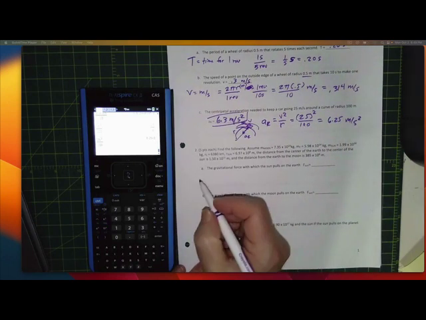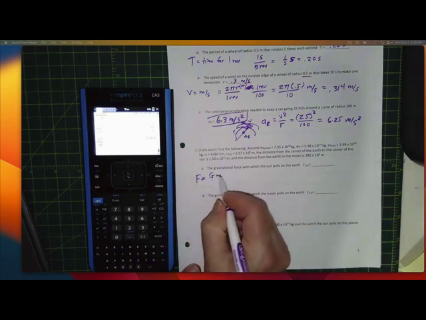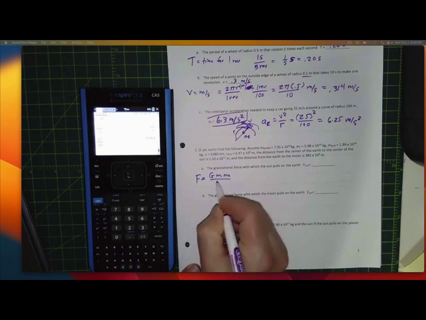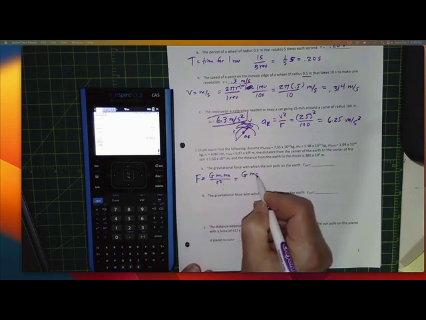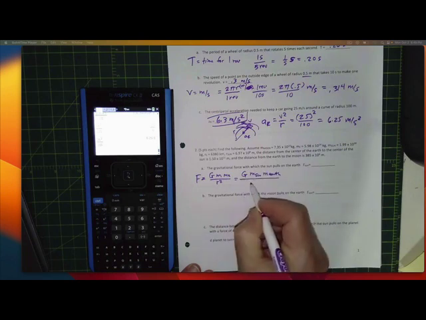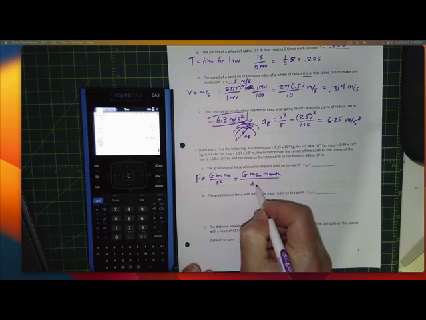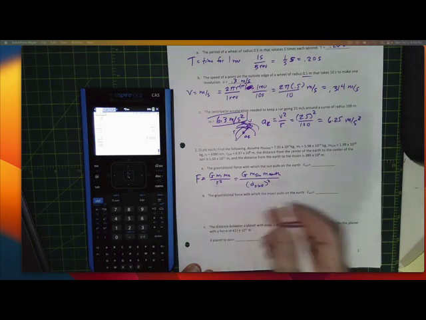For this one, we're going to need the equation for gravity between bodies, and that's capital G, m1, m2 over r squared. In this case, capital G, mass of the sun, mass of the earth, divided by distance from sun to earth squared. The radius is the distance between the two things.